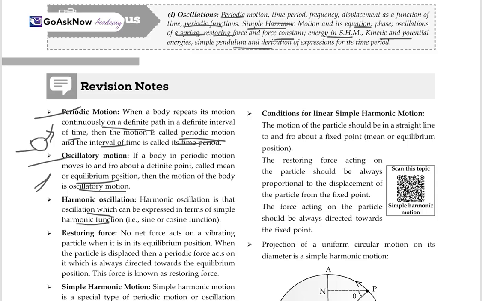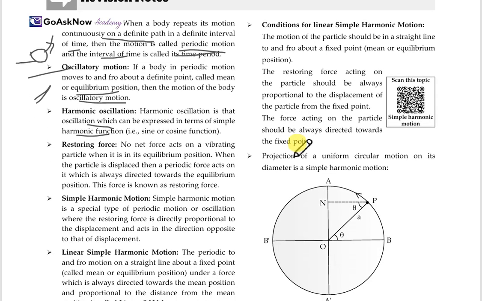Now, the restoring force. No net force acts on a vibrating particle when it is in equilibrium position. When the particle is displaced, then a force acts which is always directed towards the equilibrium position, and this force is known as restoring force.